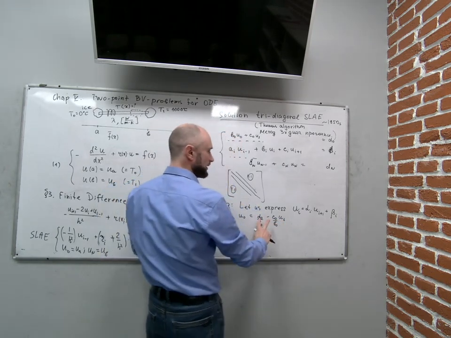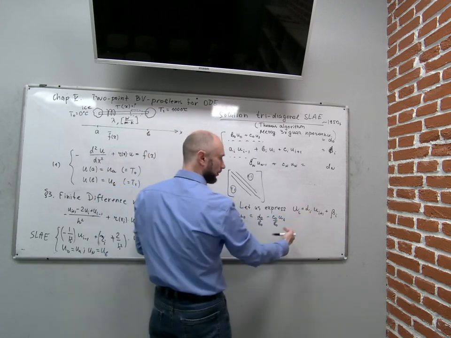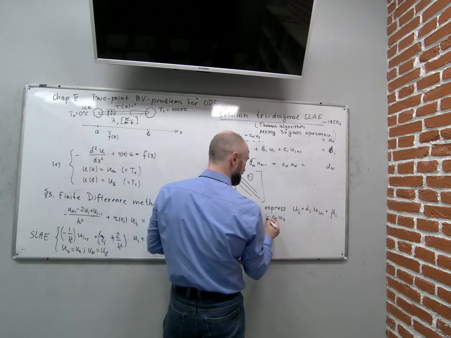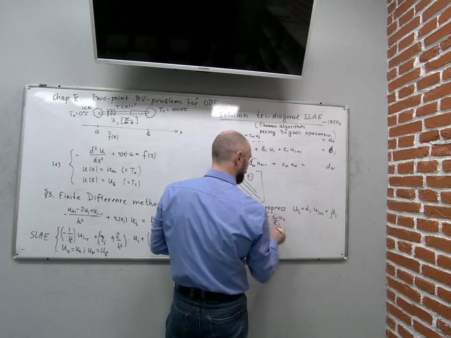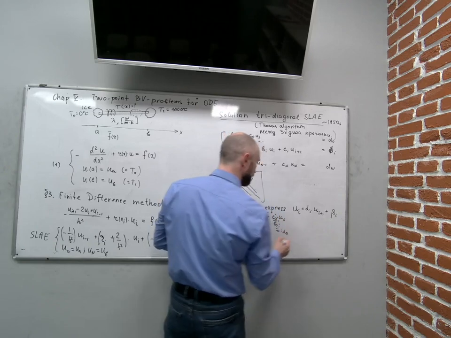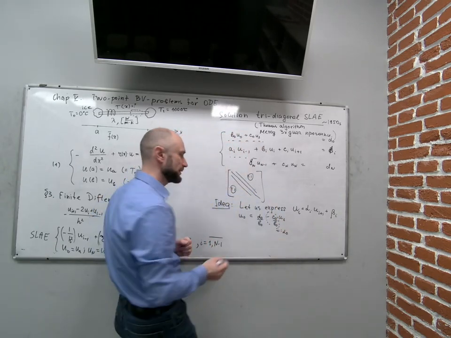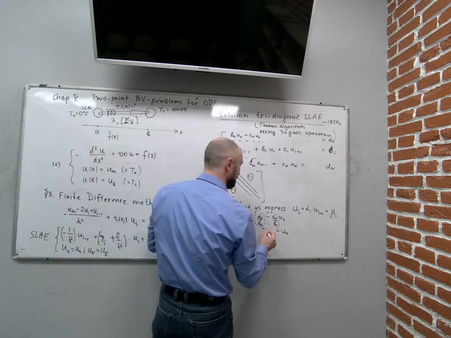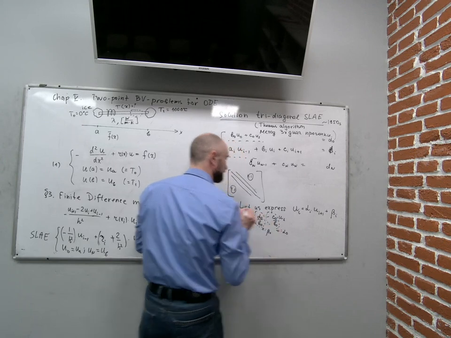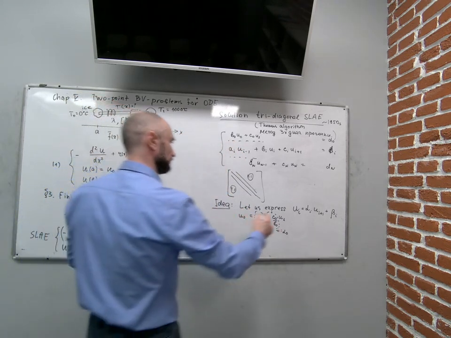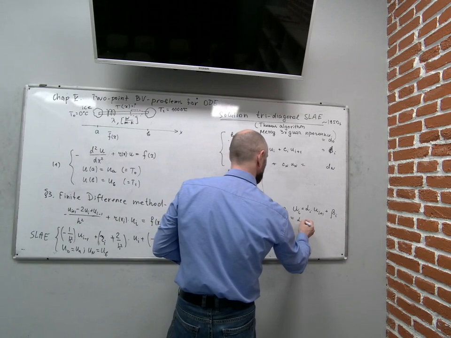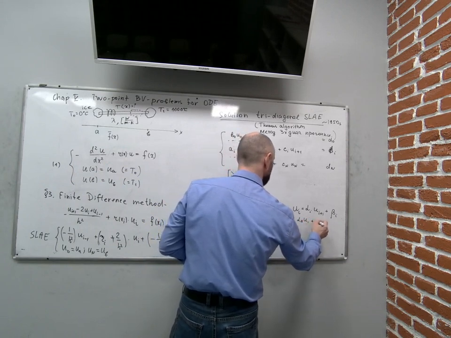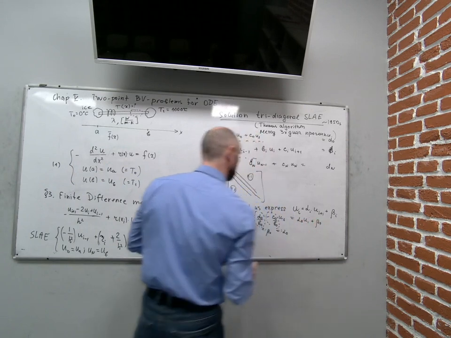And I swapped the terms now, so I need to say that this coefficient, together with the minus sign, is called alpha 0, and this one is called beta 0. So I obtained the desired form.